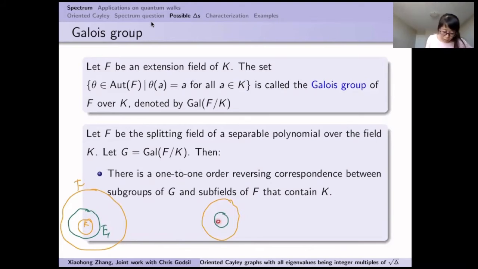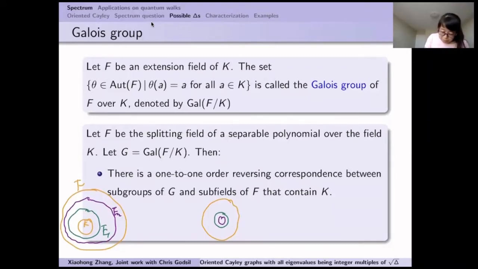This subgroup corresponds to automorphisms of the big field that fix the subfield E1. There is a one-to-one correspondence between subfields and subgroups, but the order is reversed. So if we have a bigger subfield E2, there will be a smaller subgroup.